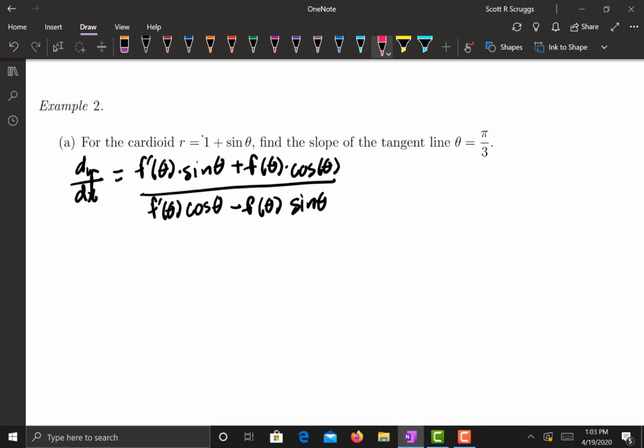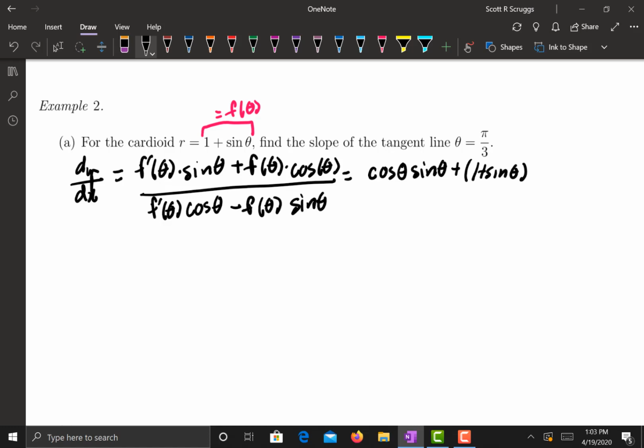So our polar function is 1 plus sine of theta. The derivative of that will just be cosine. So I can simplify down my derivative as cosine of theta times sine of theta. And I know what the function for the polar curve is, 1 plus sine.